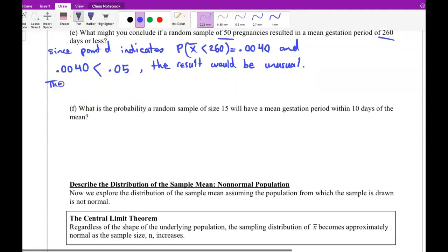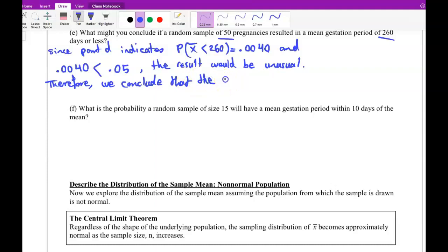Therefore, our conclusion is that the sample likely came from a population whose mean period is less than 266 days.